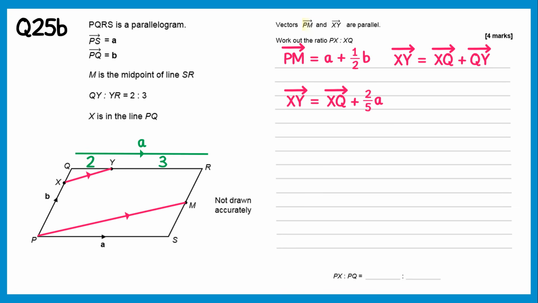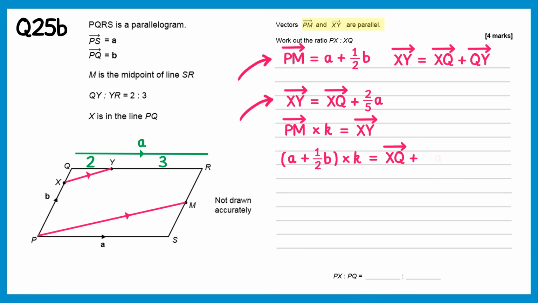Now if vectors PM and XY are parallel, then we can take one of the vectors, say PM, and times it by a constant k, and we must be able to get the other vector XY. We wrote down what PM was already, so A plus half B times k, and we also wrote down something for XY here, which was XQ plus 2/5 A. If we expand the left hand side of this, we get kA plus half kB.